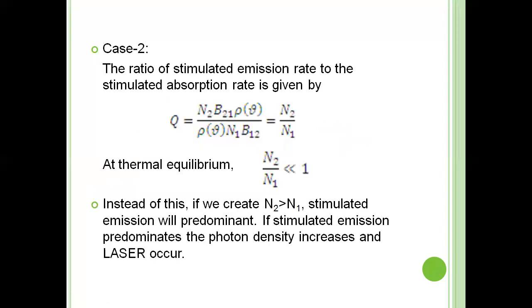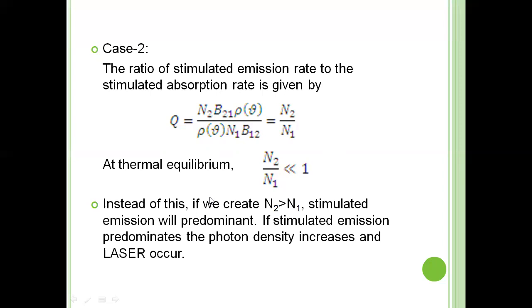Second condition, stimulated emission rate to stimulated absorption rate. Here, if you cancel rho nu and rho nu, you get N2 by N1 into B21 by B12. So the ratio is proportional to N2 by N1, which means that if N2 is greater than N1, then only more stimulated emissions will happen compared to the stimulated absorption rate.